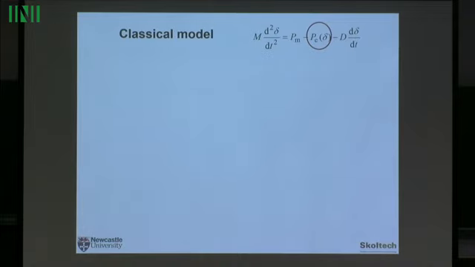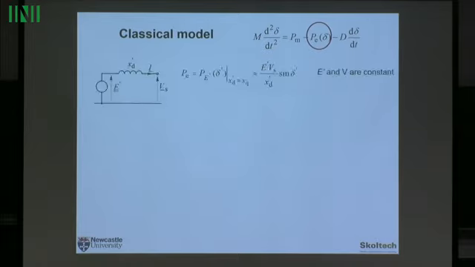So now let's go to the swing equation in the model. Once again, this is the swing equation. This is electrical power. In the simplest model, we just assume this is the voltage behind the transient reactance, so in the transient state.